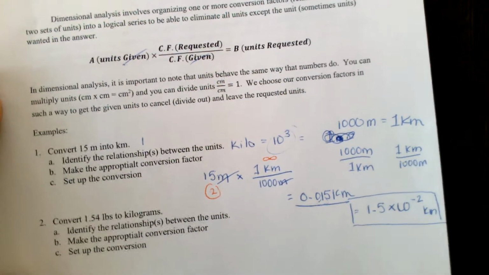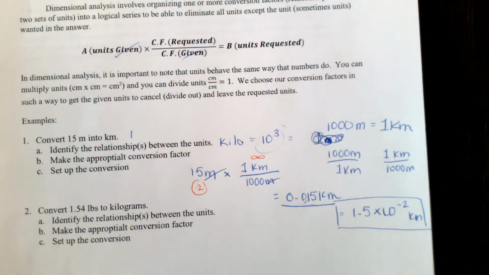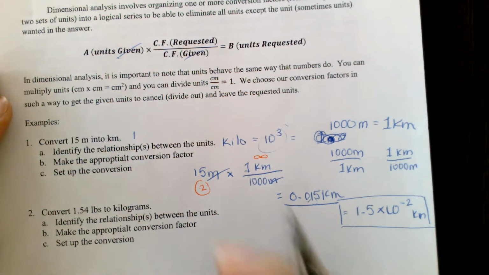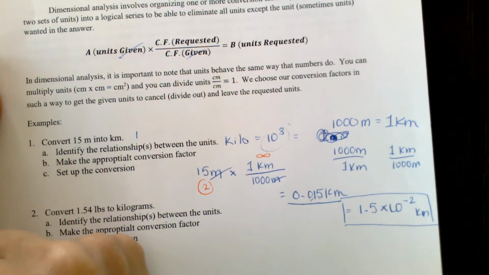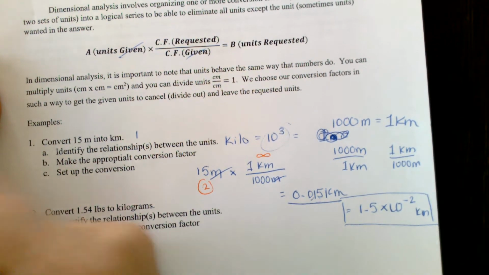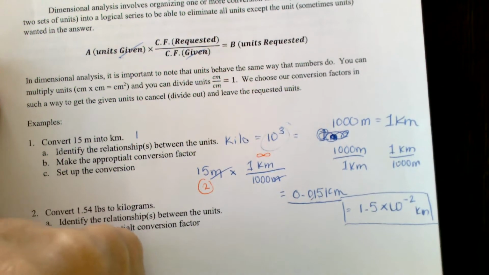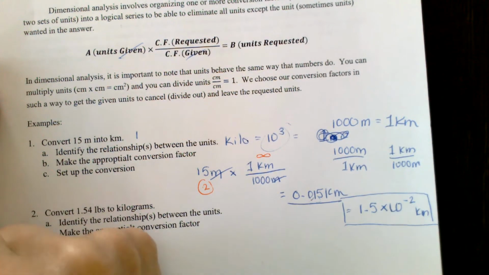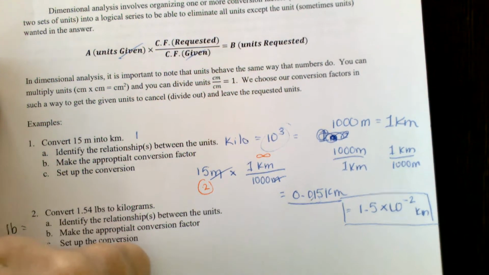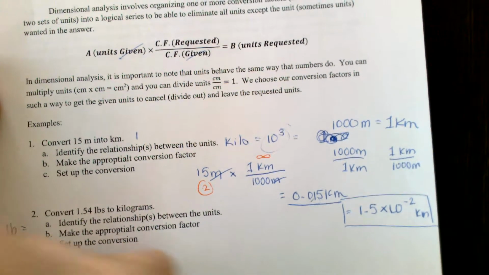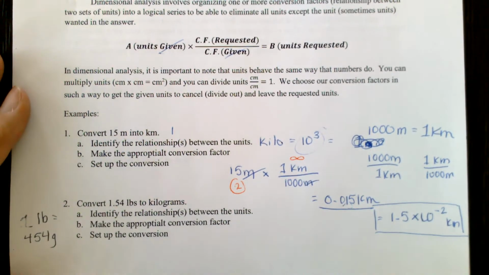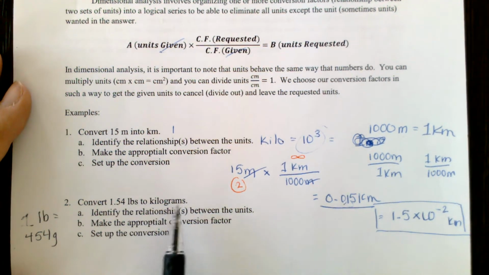Okay, so here I'm going to switch colors. First I'm going to use the 1 pound equals 454 grams. That will take me from pounds to grams, but then I need to go to kilograms.